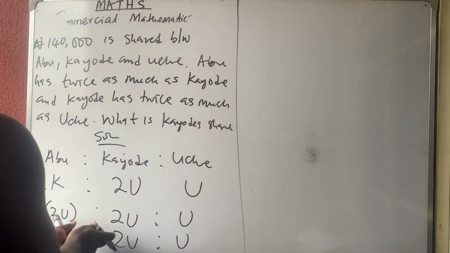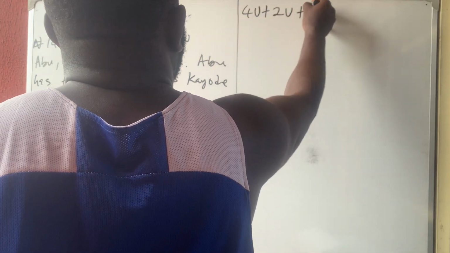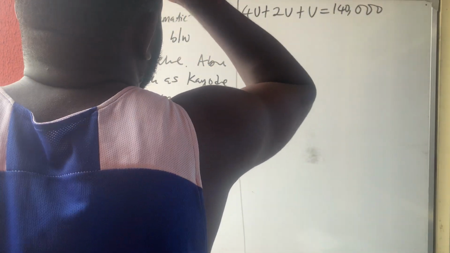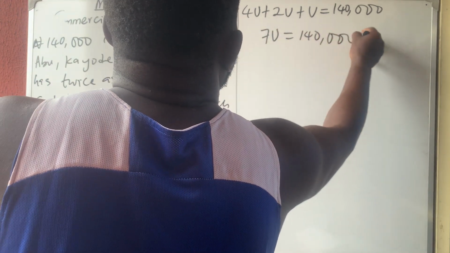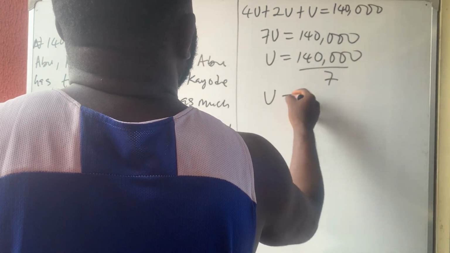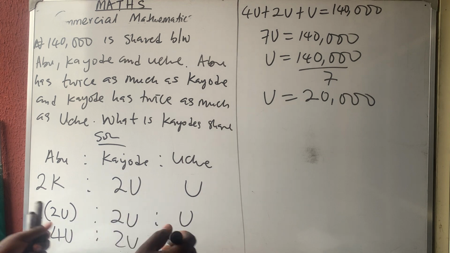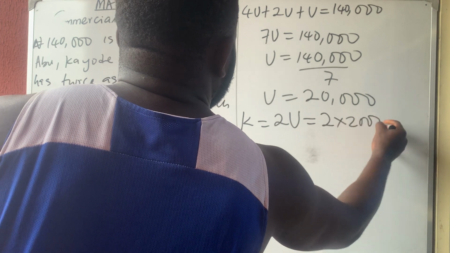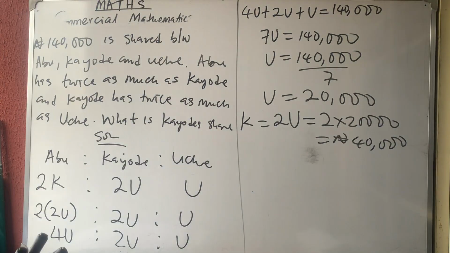And if I add all their money, I'm going to have the total money we have. So therefore 4U plus 2U plus U will give me 140,000, sorry. So this is 7U, so 7U is 140,000. So U itself is what? 140,000 divided by 7. So U will give you 20,000. So Uche's money is 20K. So Kayode's own will now be 2 of Uche, which is 2 times 20, which is 40K. Right? Very, very simple.